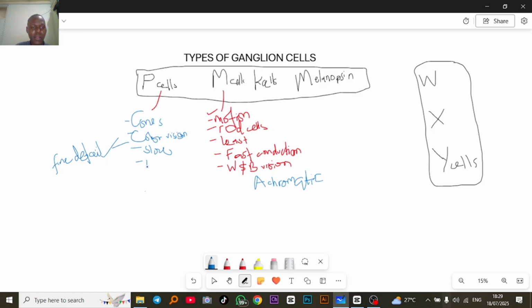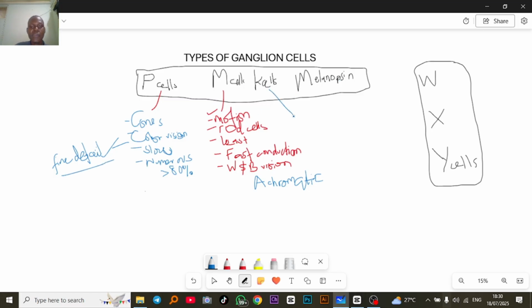So these are the most numerous, contributing more than 80% of the total number of ganglion cells. You get? And since we have color, these are chromatic ganglion cells. They transmit their signals at a slow rate, very numerous, and also concerned with the fine detail.